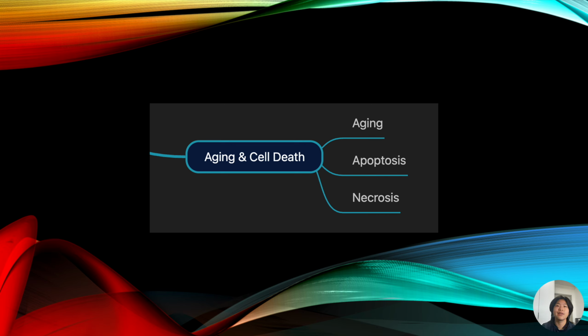Now let's talk a little bit about aging and cell death. So aging is a normal process, as we mentioned a lot of times, and there are cells, as we talked about, that do not divide a lot, and there are cells that divide quite frequently. So for example, cells on your skin are constantly undergoing mitosis because they're worn off, they need replacement.